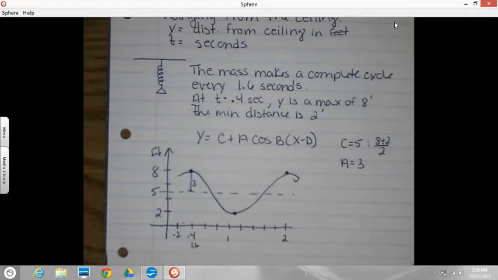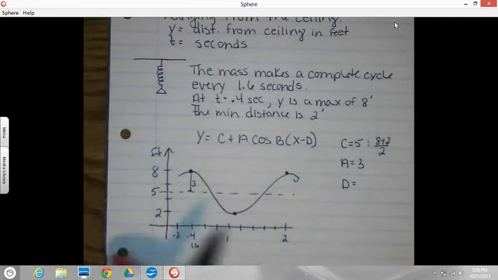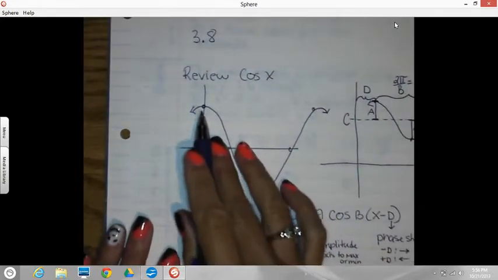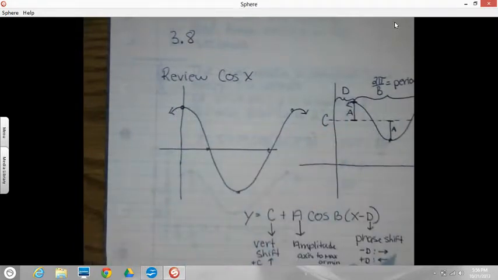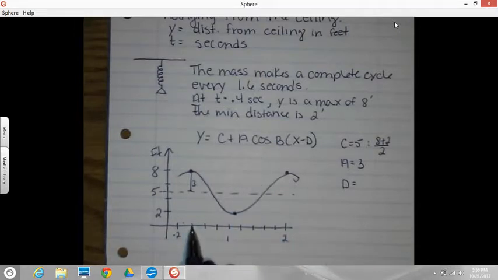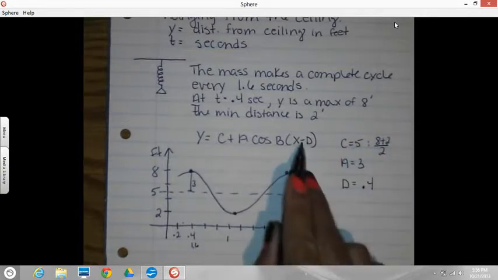Your D is the phase shift over. Normally the max starts on the y-axis unless it has phase shift, and this does. It got pulled over. So my phase is at that 0.4 seconds over when they started timing. So my D is 0.4, and it's going to be a minus 0.4 because it went to the right.